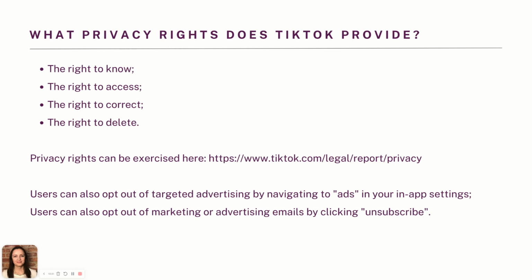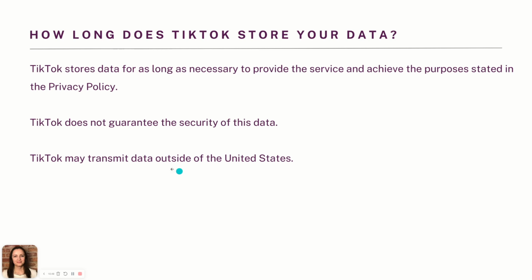They also provide that users can opt out of targeted ads by navigating to ads within your in-app settings. Usually, opting out of targeted ads means that you have been opted in by default. You can just say no after your information has been collected and used for targeted ads. Again, really interesting that you can opt out of targeted advertising when they say that they don't share personal information for targeted ads.